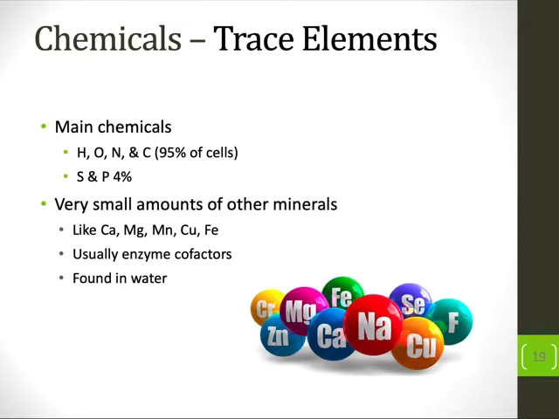So calcium and magnesium and copper and the likes, which are also cofactors in biological systems. So there's a difference between cofactors and coenzymes. They're cofactors if they're inorganic in origin. Okay. The main chemicals are hydrogen, oxygen, nitrogen, and carbon. And then you have sulfur and phosphorus as well.